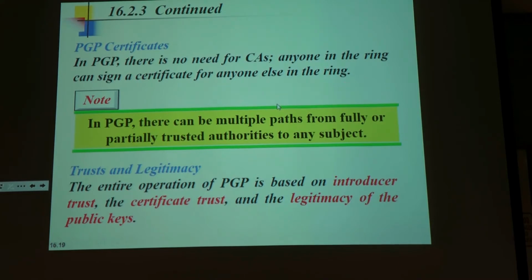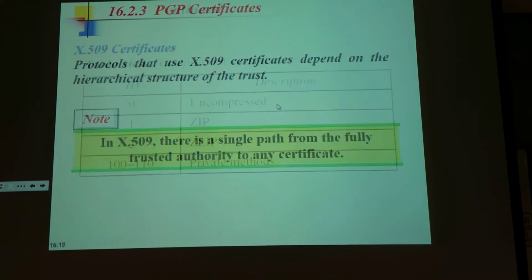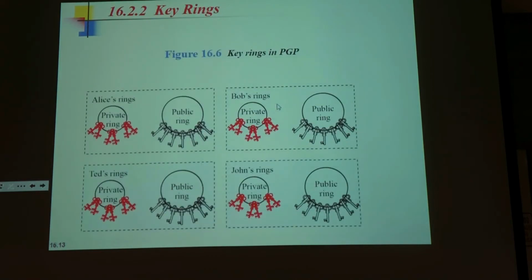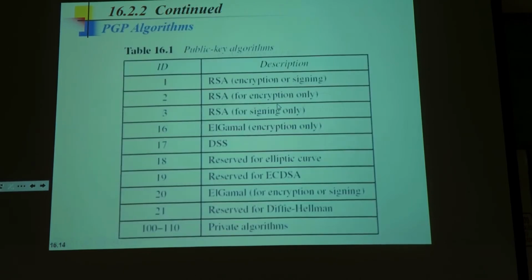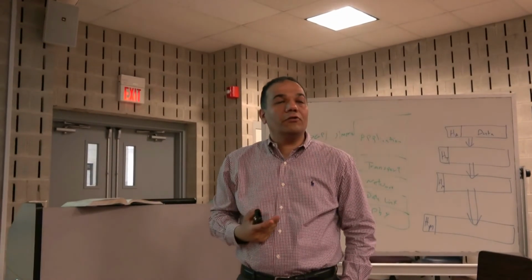So for example, if we have a ring here, you put a person in the ring, then you trust him. You could sign for anyone because you put him in the same ring, then he's trusted. You don't have to go to a third party outside, like a certificate authority.